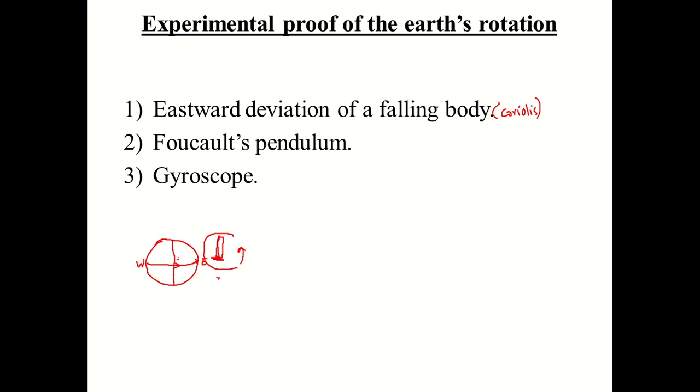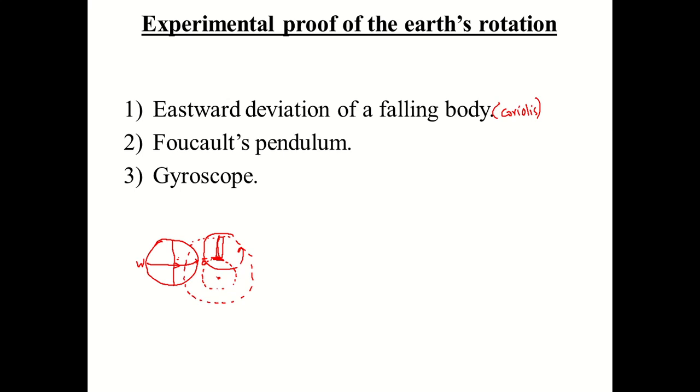So in order to cover a large distance to complete a rotation, the top of this building will be a little bit faster compared to the base of the building. Or we can say that the points which are near to the axis of rotation will move slowly compared to the points which are away from the axis of rotation.